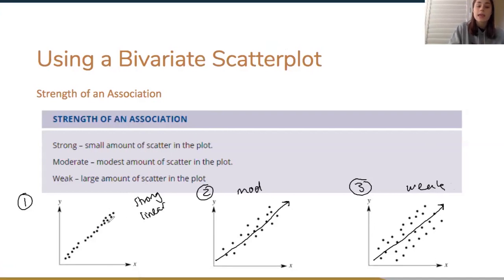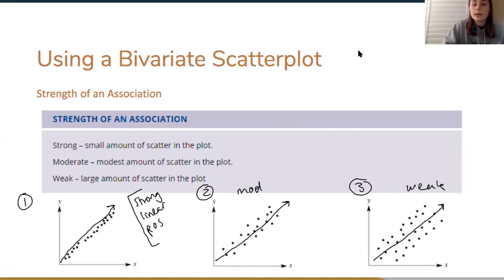And I would say that it is a positive association because everything would be going towards the positive x-axis. So those are our 3 ways: whether they are positive or negative, whether it's linear or non-linear, and whether it's strong, moderate, or weak.